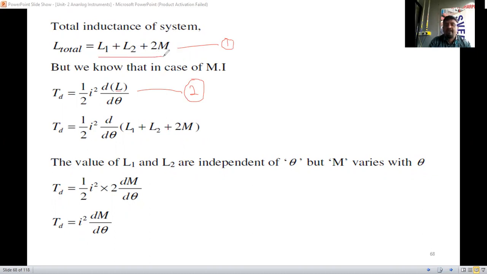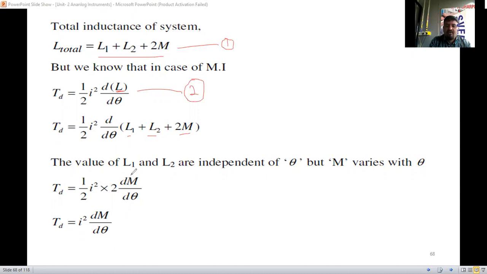So TD equal to 1 by 2 I square, I will keep as it is, d by d theta. In the place of L, I will substitute L1, L2 and 2M.